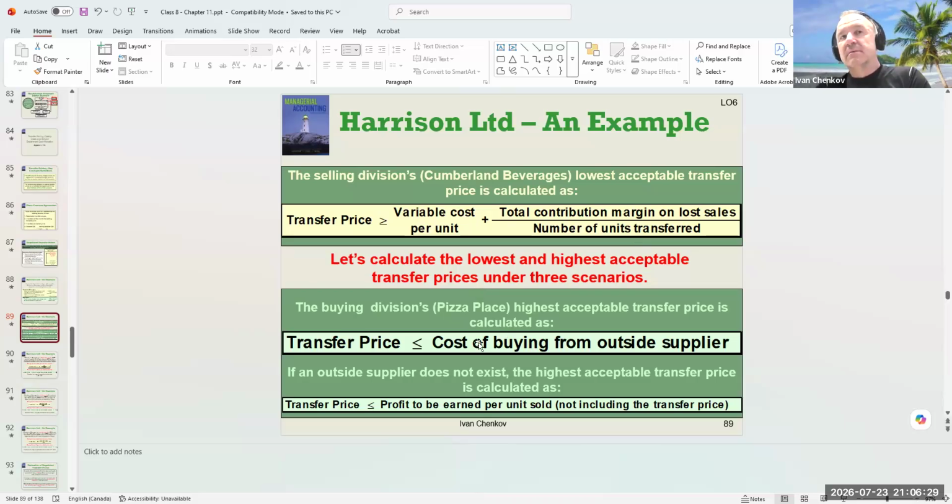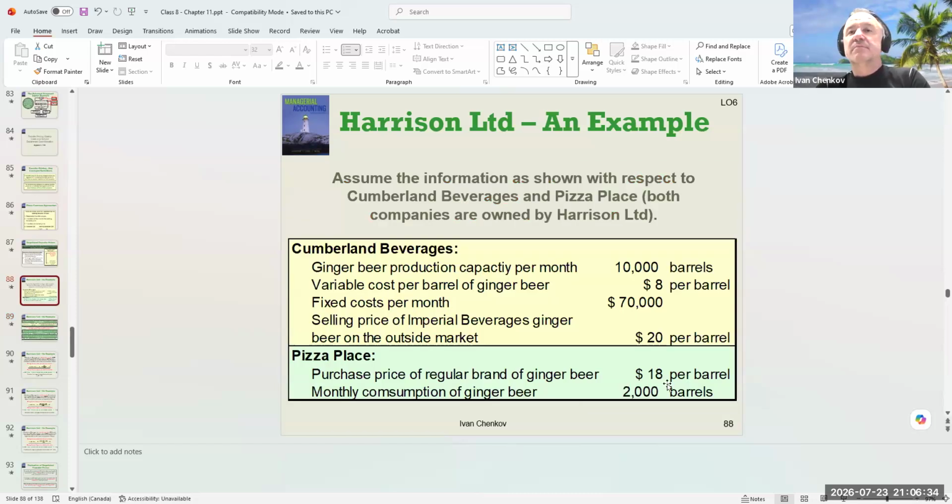The highest price is always going to be the purchase price from the outside, which is $18. So now we have the limits for the highest and lowest.